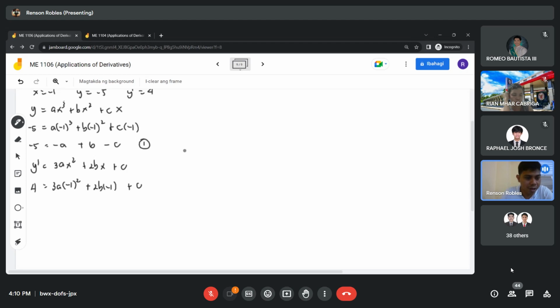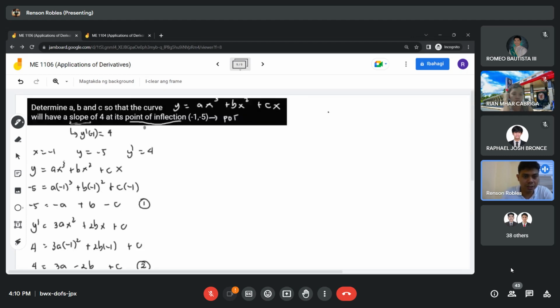Okay, and then you have 4. The -1 squared is 1, so 3a, then minus 2b plus c. You mark this equation 2. So you have 3 unknowns, a, b, c, but you only have 2 equations yet. Okay, then again, what does this point of inflection tell you? How do you get the point of inflection?